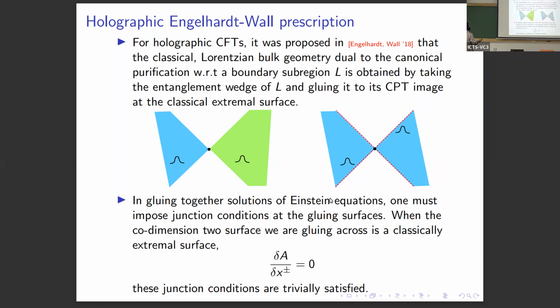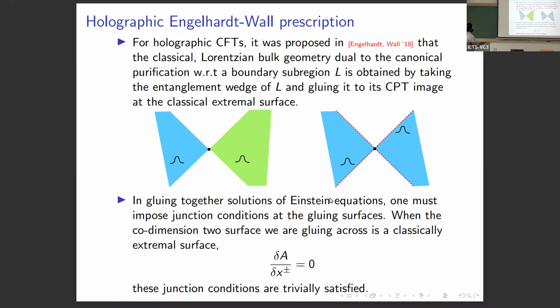Engelhardt and Wall argued that a natural bulk dual for the canonical purification of this state would be to take the entanglement wedge of the left. So I've redrawn the entanglement wedge of the left over here.